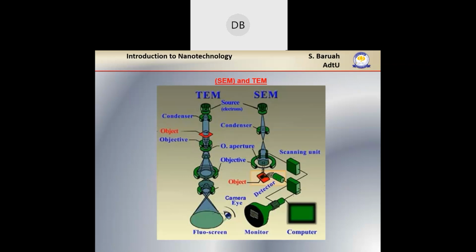One is called the secondary image, and the other one is called the BSE. BSE stands for backscattered electrons. Sometimes the BSE image will be much better, and sometimes the secondary image will be much better, depending upon which process has more electrons going back. Is it the secondary electrons or the backscattered electrons?